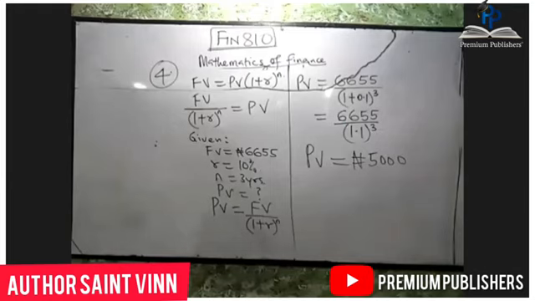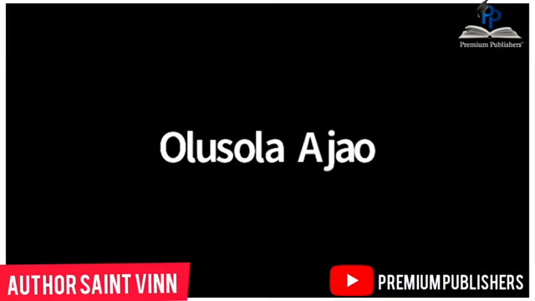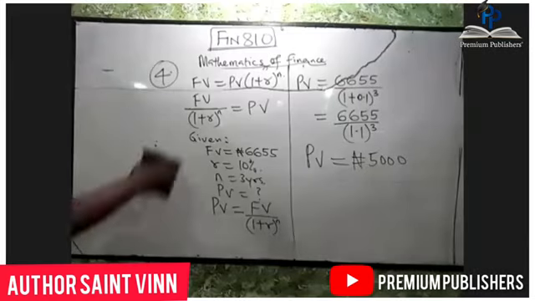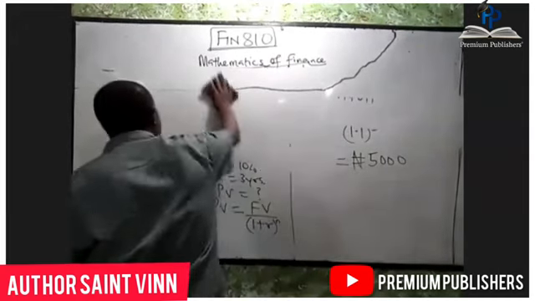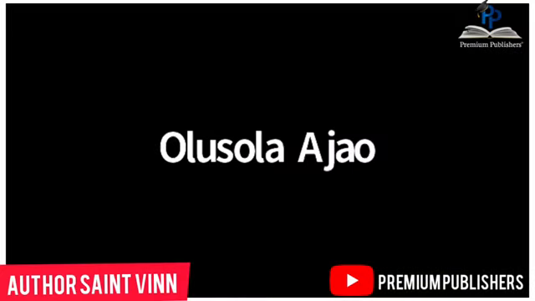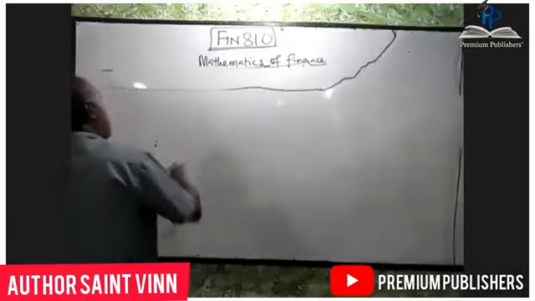Look at number 5. Next one. Good. Now we want to call that one number 5 so that one can lay identification to what we have done. This will be number 5.